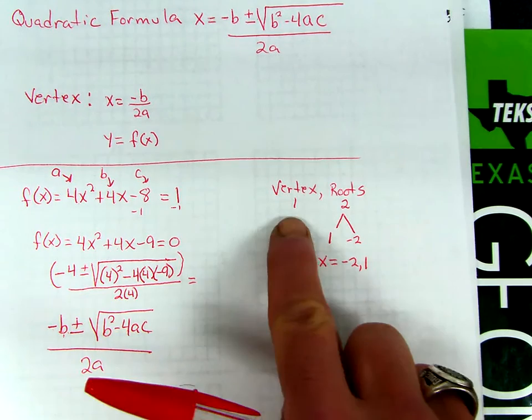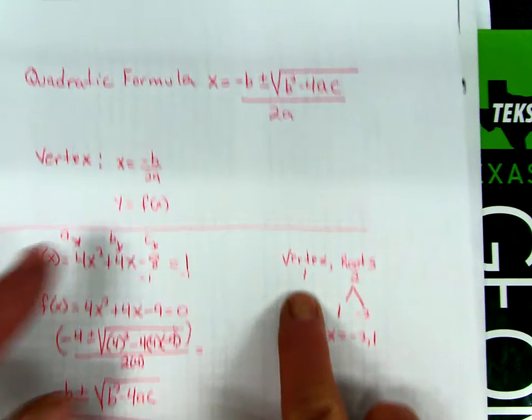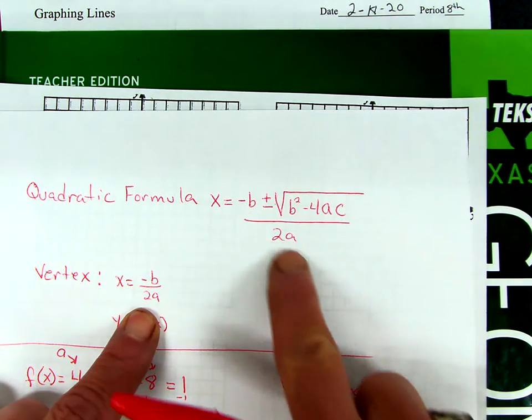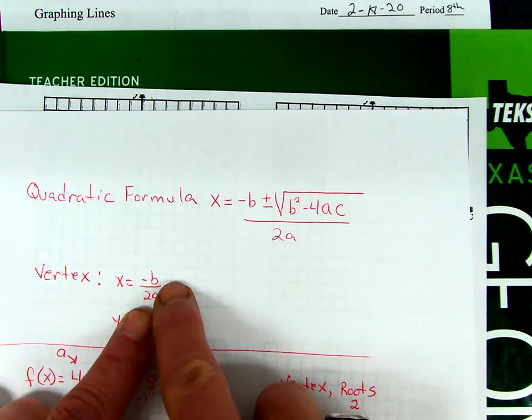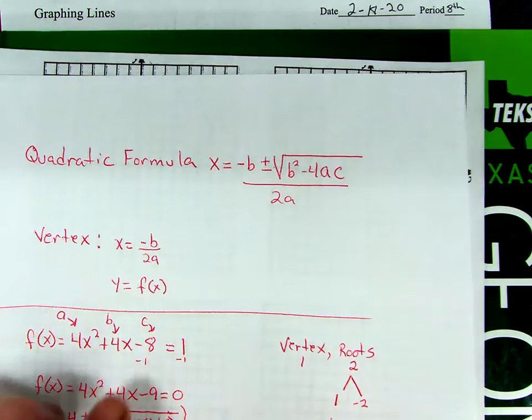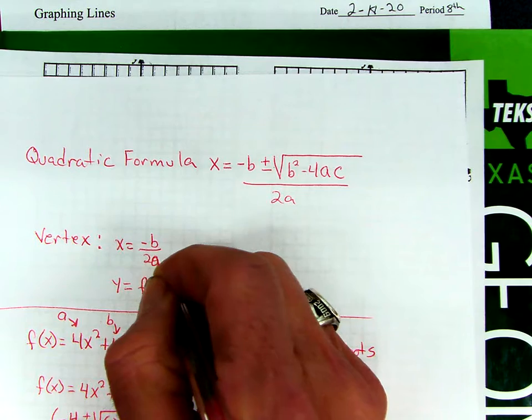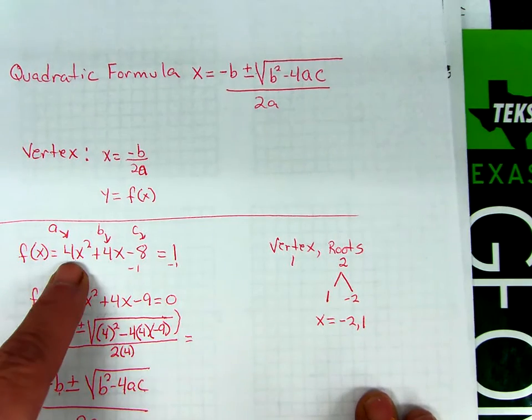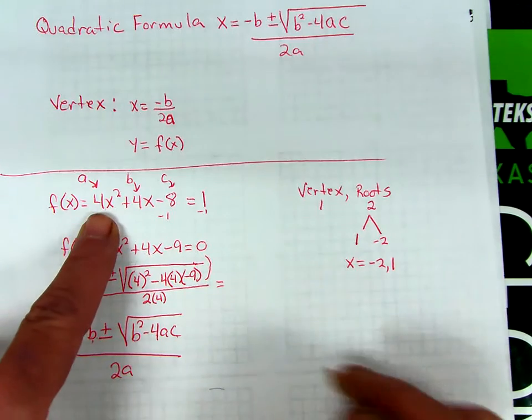I need the vertex. The vertex comes from the first part of the quadratic formula, negative b over 2a. That's an a right there, and my a is 4. So here we go.